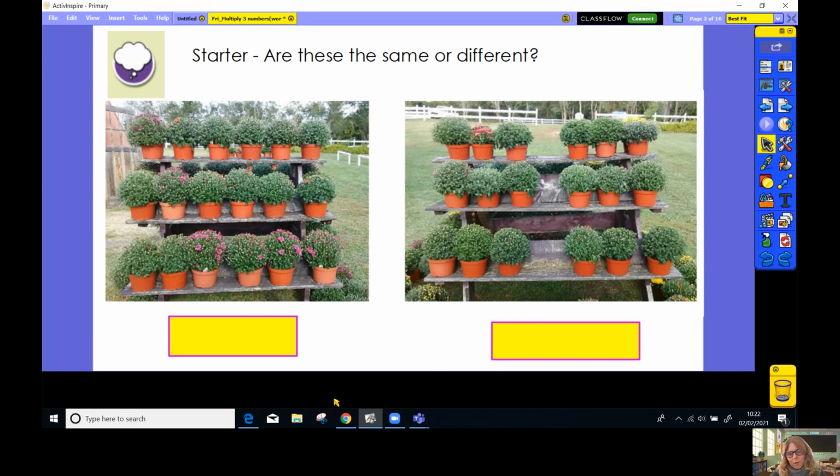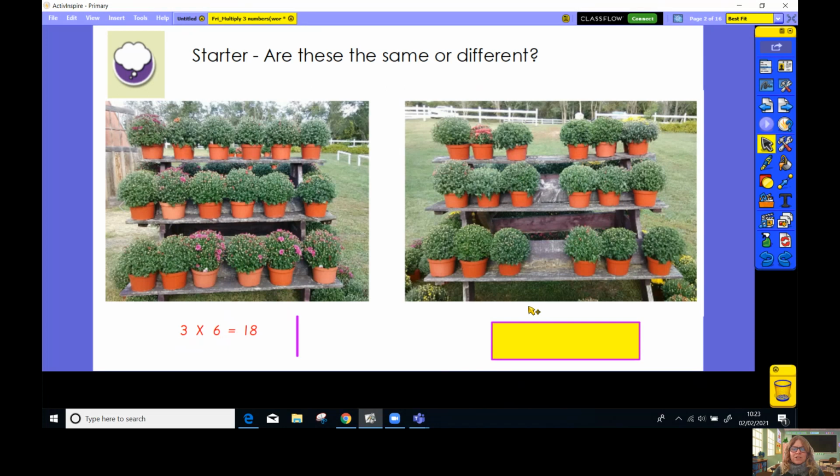If we think of these pot plants like an array, this array shows that there are 3 rows of 1, 2, 3, 4, 5, 6 pot plants. So if we were going to write a calculation for this, it would be 3 multiplied by 6, which would equal 18. We're multiplying 2 factors together here, and they've got 1 product.